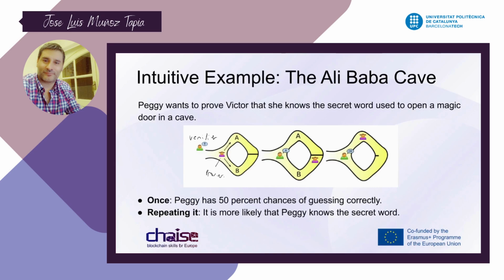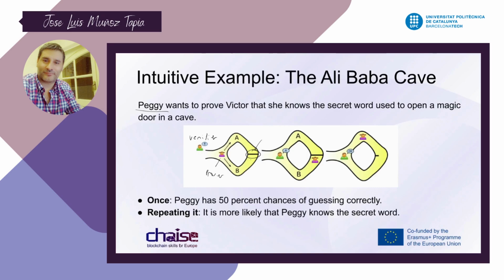And the cave has here a door, and the prover wants to prove to Victor that she knows a secret word that can open this door here. Then there is a secret word that opens this door.